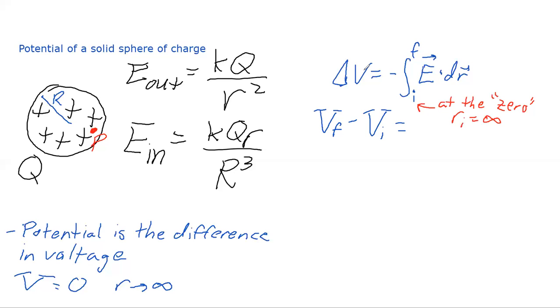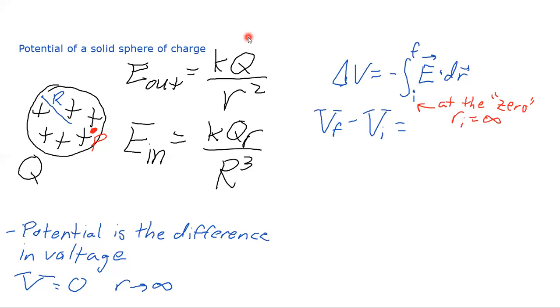So if I'm trying to find VF, the voltage at some distance, point P, then I need to know what VI is. Otherwise, I have two unknowns. If I set R initial to be infinity, then I know what VI is. If my R initial is infinity, that automatically makes V initial, my initial voltage, zero. Okay, so that's why I'm doing that.